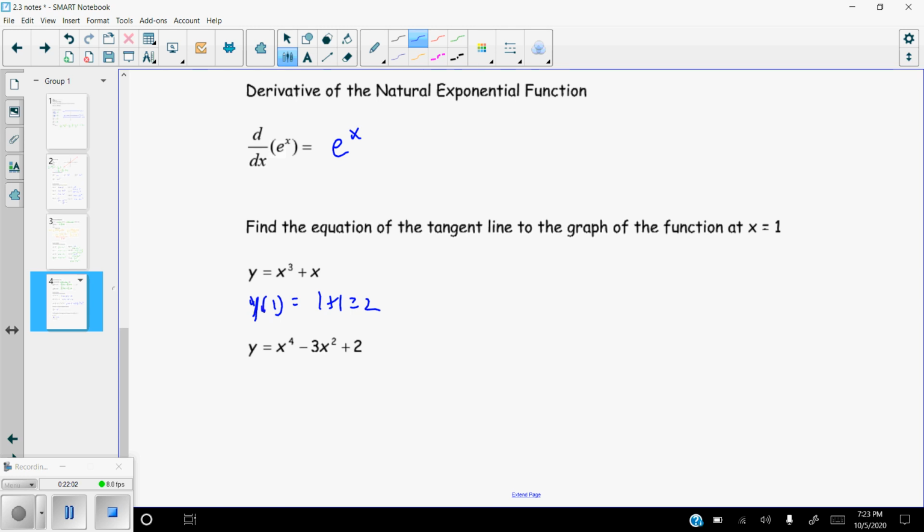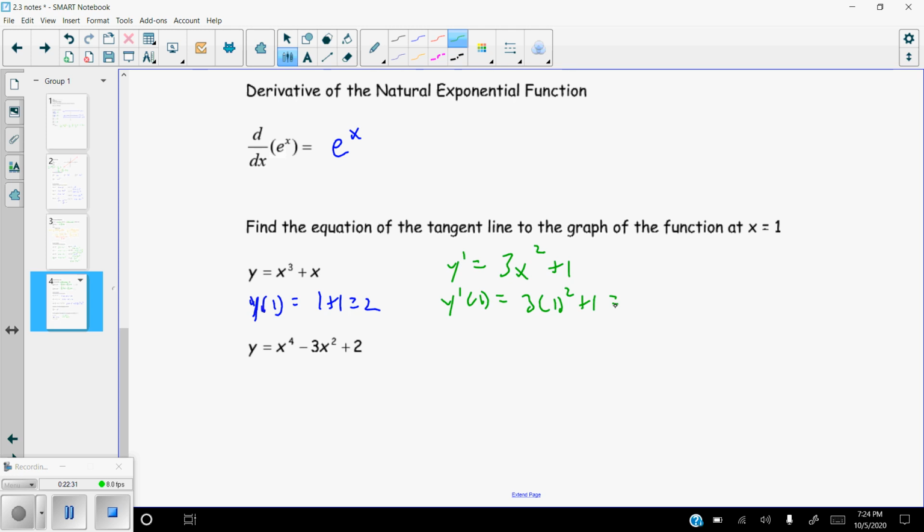So I now know that I have the x and the y value. I've got 1 and 2. What I need is the slope, but slope is derivative. So we're going to take the derivative. So y prime is 3x squared plus 1. Now I need the derivative evaluated when x is 1, because I actually need to have the slope at x equals 1. So y prime of 1, plugging a 1 in there, is going to give you 3 times 1 squared plus 1.